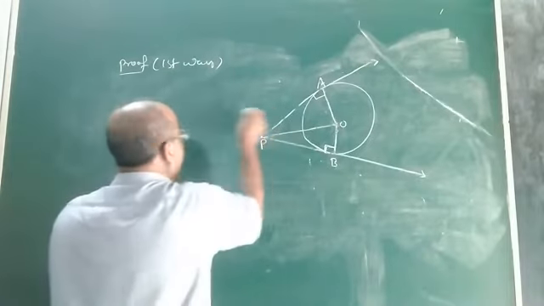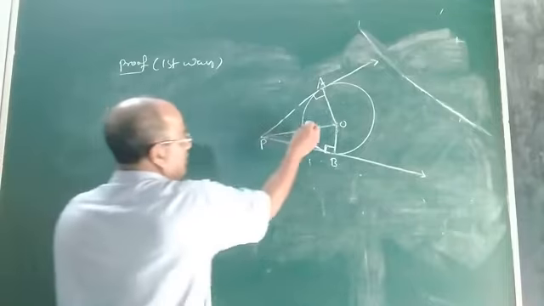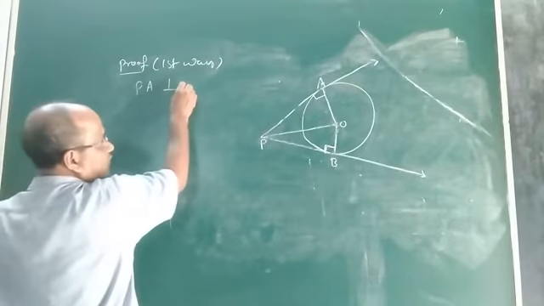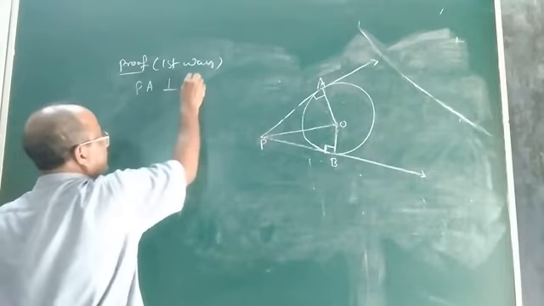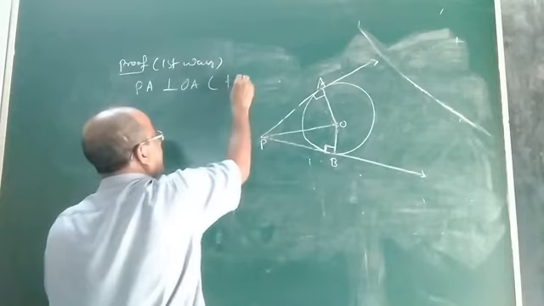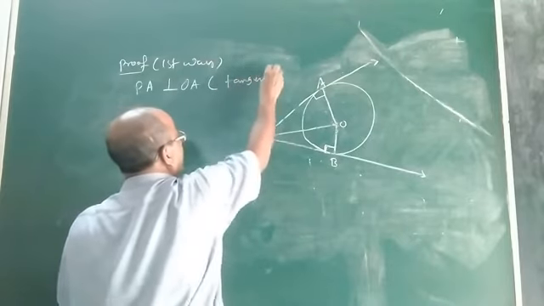You see, PA is perpendicular to OA, because tangent is perpendicular to radius, we already know.